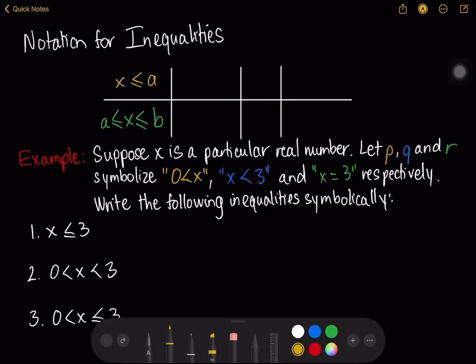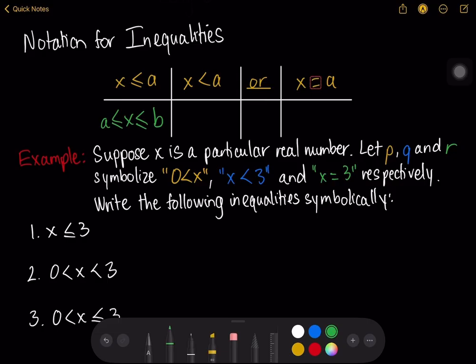Okay, so we're going to look at some notation for inequalities using and or. First we have x less than or equal to a. In this one we could say x is less than a, or x is equal to a. The next one we have a less than or equal to x less than or equal to b.